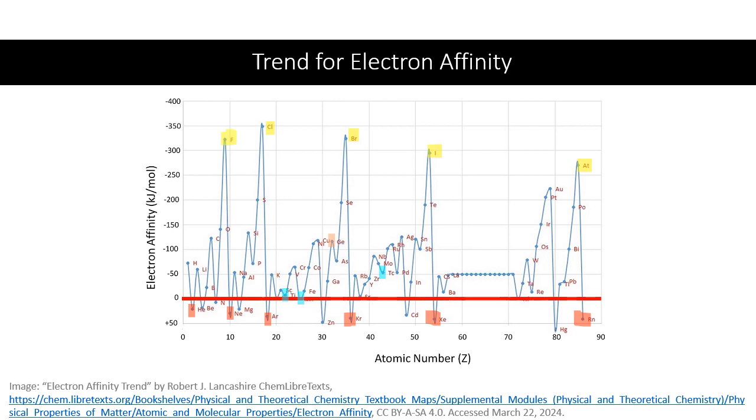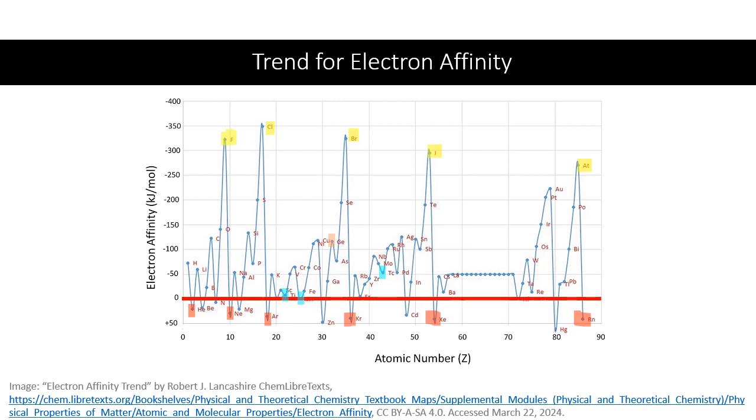So why is the jump this large? It is the most favorable type of electron to add because a full valence shell is the most favorable of all electron configurations. So adding that last one, definitely going to happen if it can. Still need energy, but it's exothermic.